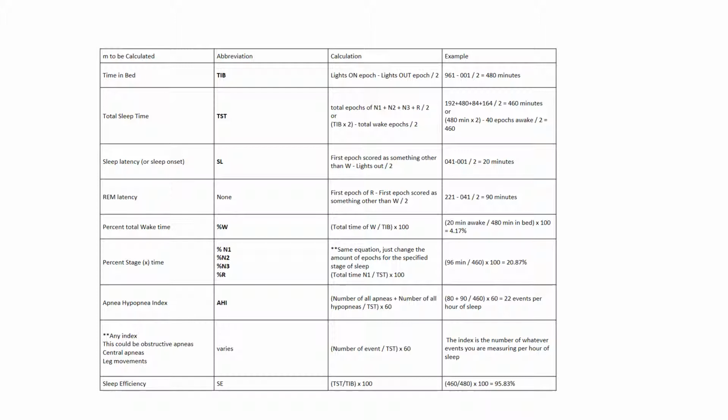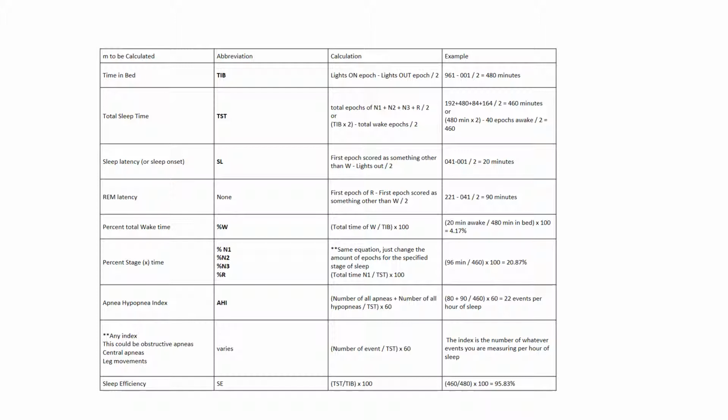Moving on to REM latency. There is no abbreviation for this. It's the first epoch scored as R minus the first epoch scored as something other than W. Then divide that number by 2. So we're taking the first epoch of REM sleep and subtracting the first epoch of sleep, or your sleep onset, and then dividing that by 2.